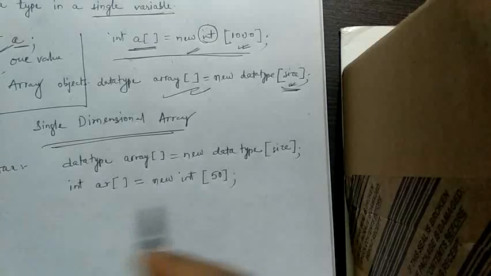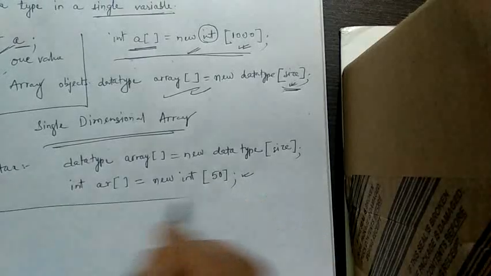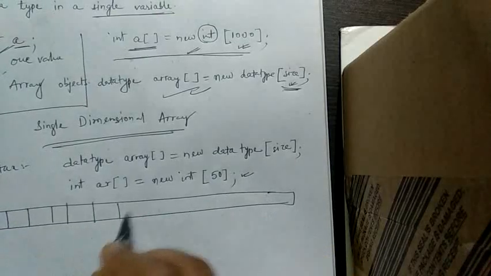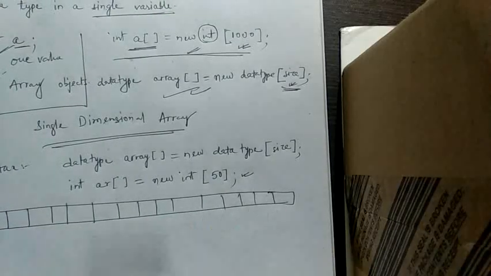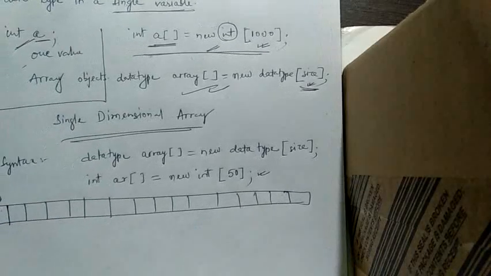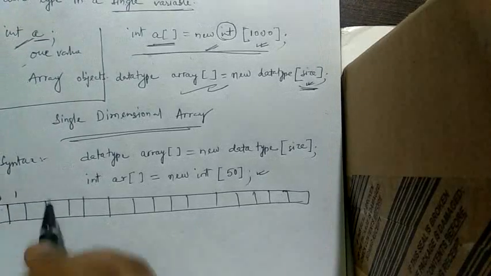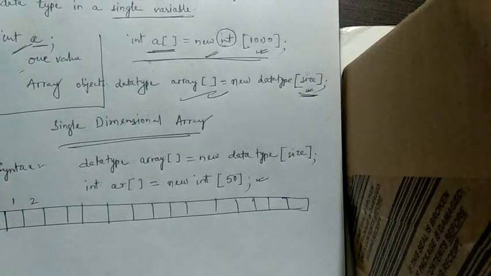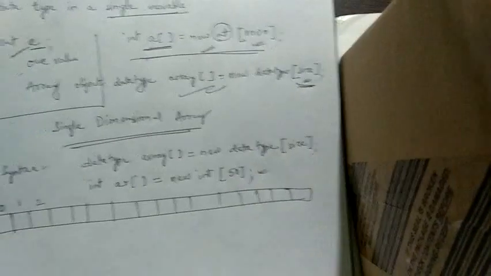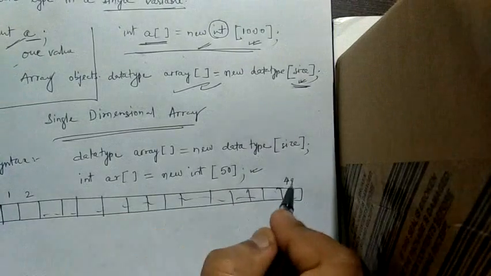So as soon as I will declare a statement like this, in the memory a structure like this will be created, where the first value here will be 0, next 1, 2, like this it will continue till the last one. This last one will be 49.